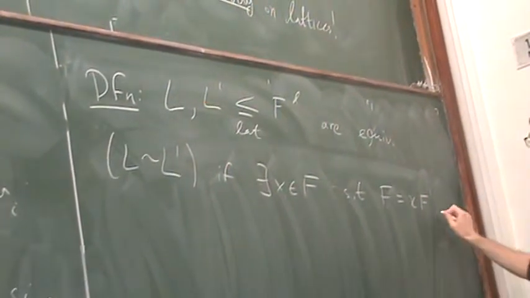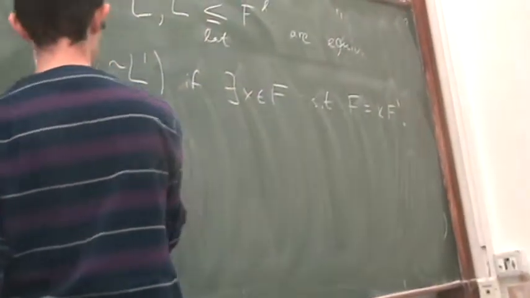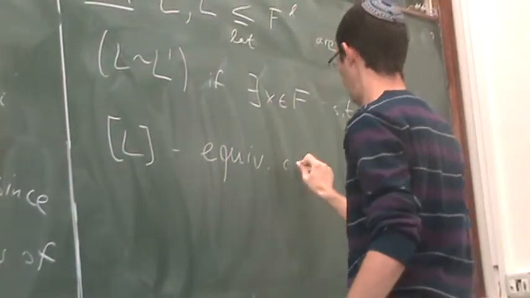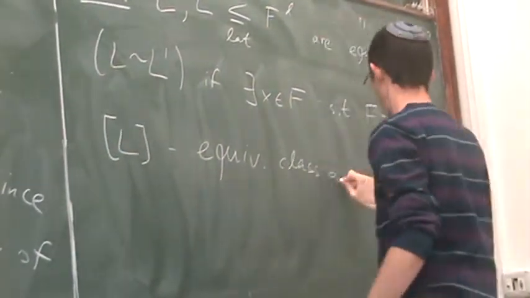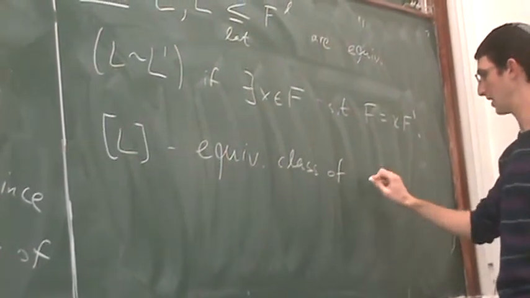This is an equivalence relation. I denote by square brackets L the equivalence class of L.